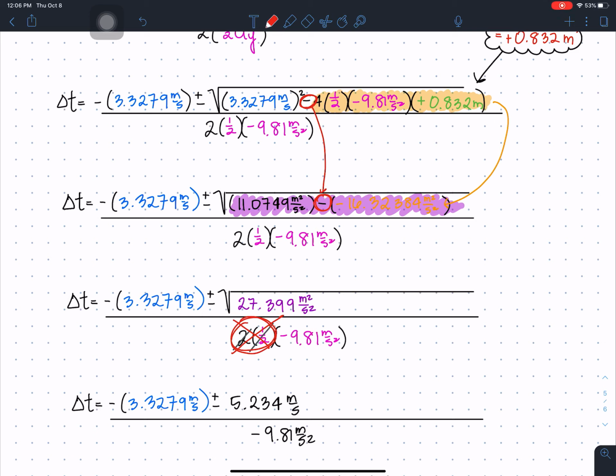Now this is the point where we need to discern, are we adding a positive 5.234 meters per second to our initial y velocity, or are we subtracting 5.234 meters per second from our initial y velocity? So let's explore these two options. Remember, we have a negative 9.81 meters per second squared in our denominator. So we're really looking for that negative numerator.